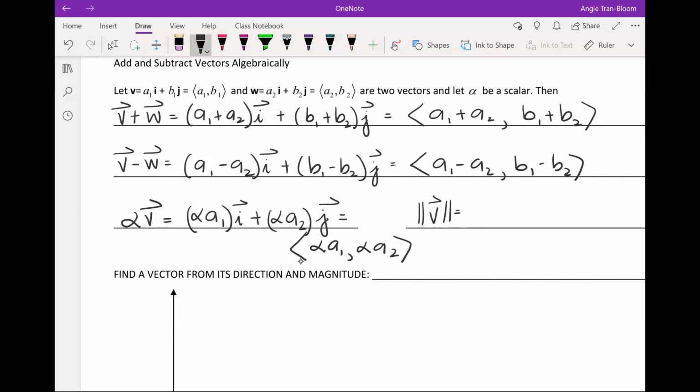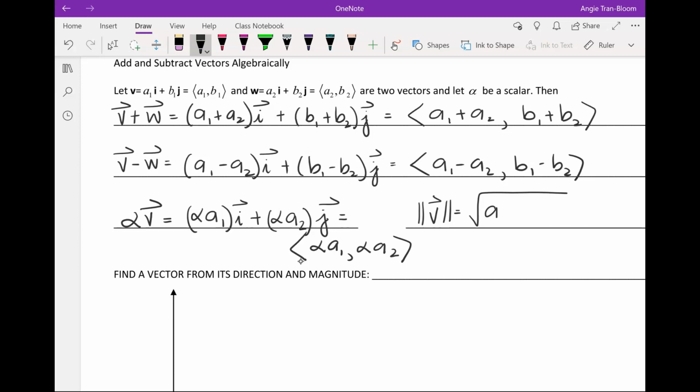We defined it already. So, remember, v is a subscript 1 i plus b subscript 1 j. So how do we find the magnitude? What's the formula? Magnitude formula. What do you think it is? I'm giving you a square root, so a square root in there somewhere. Michael? Square root of a1 minus a2 squared. Square root of, remember, I'm only looking for v.